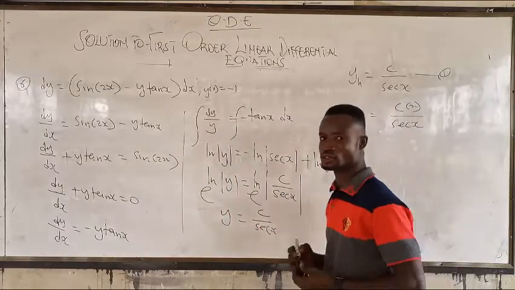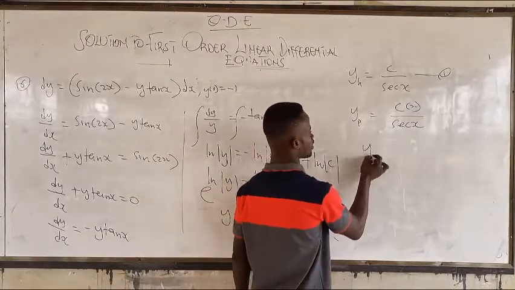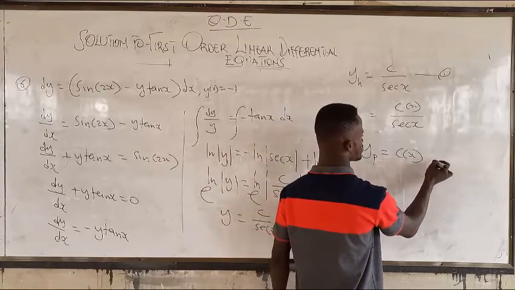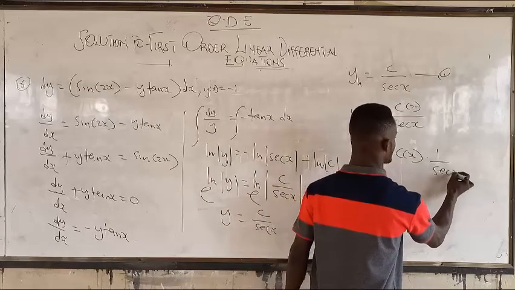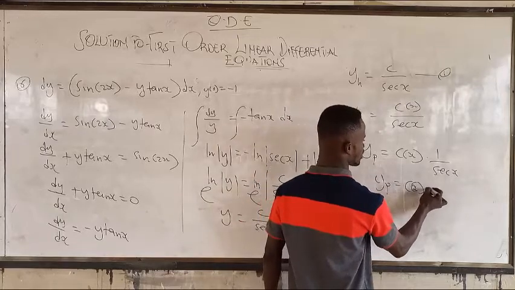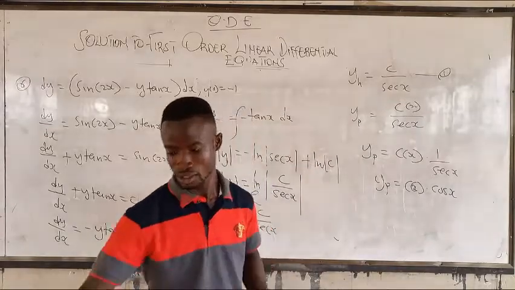So we continue. You know that we can simplify this. Y of P is C of S times 1 over sec S. This is the same as cos S. Alright.